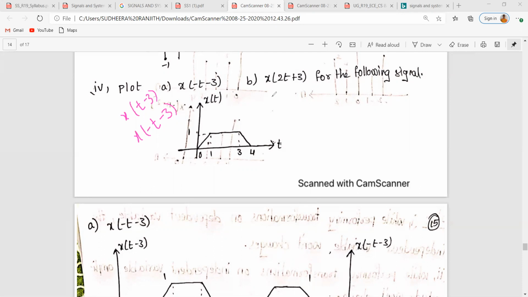Here two operations are involved, scaling and shifting. First shifting, right? So first you should plot x of t plus 3. And then x of 2t plus 3. See, I have already shared this material with you, so please go through the sums.